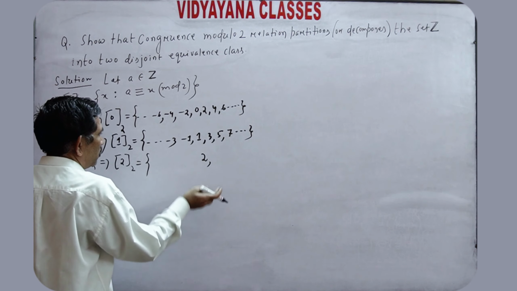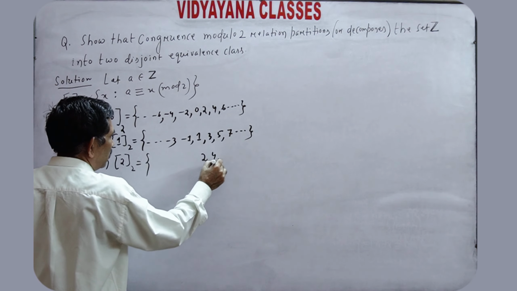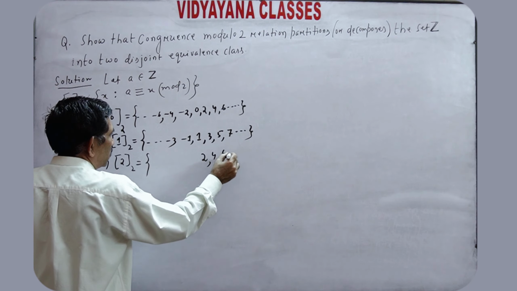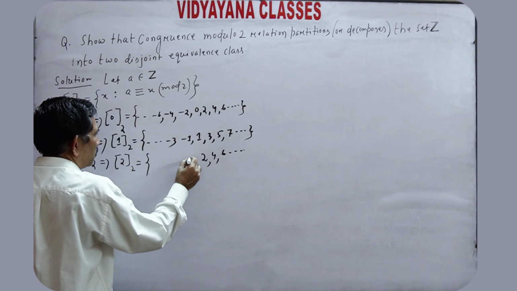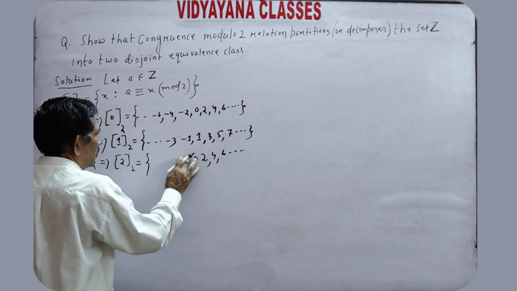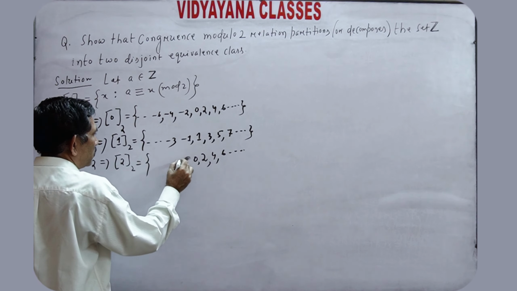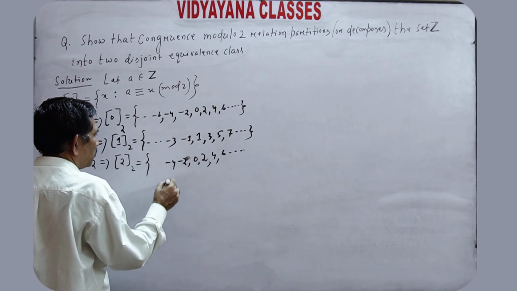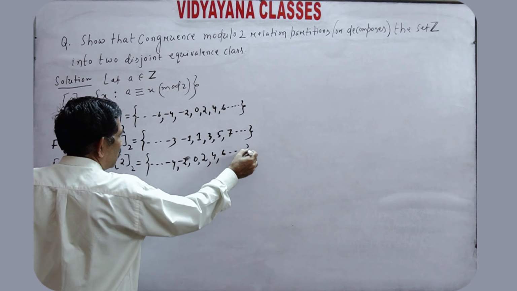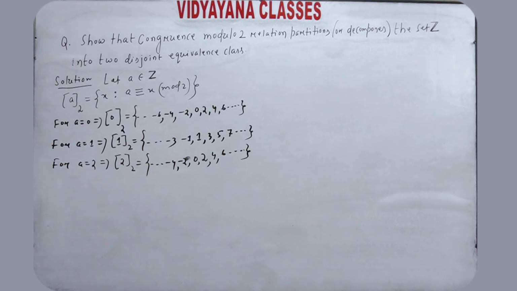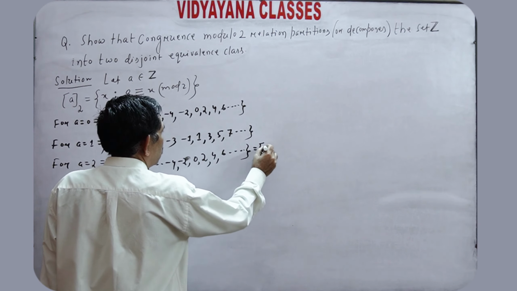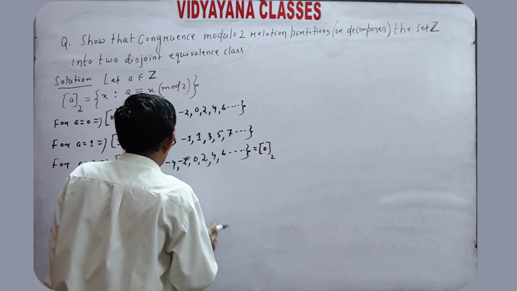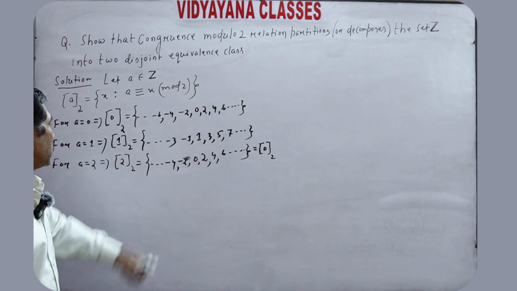With modulo 2, 2 plus 2 is 4, 4 plus 2 is 6, and so on. 2 minus 2 is 0, 0 minus 2 is minus 2, minus 2 minus 2 is minus 4, and so on. This is the same as the equivalence class of 0 modulo 2.